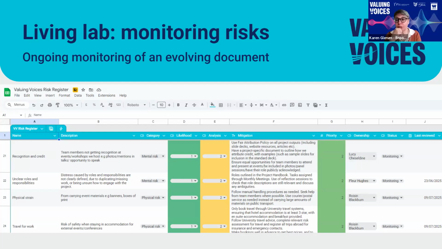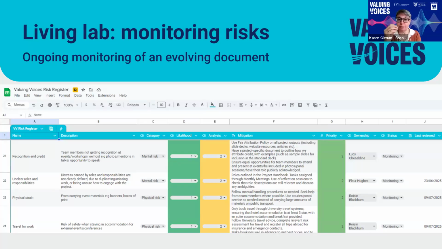We give it ownership. So it's not just something, oh yeah, we have this overview and every month we look at it and for the rest of the time it's out of sight. We actually give somebody ownership of risk, and they will monitor the risk and take action if necessary.